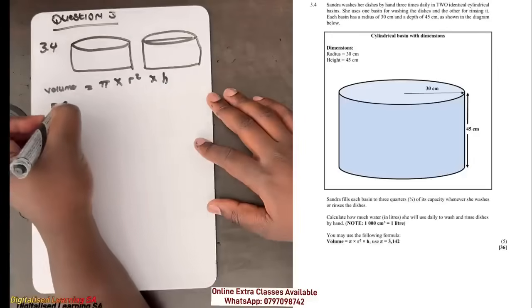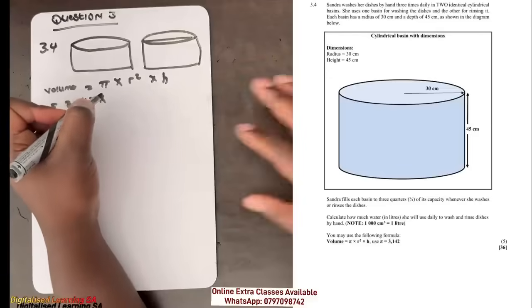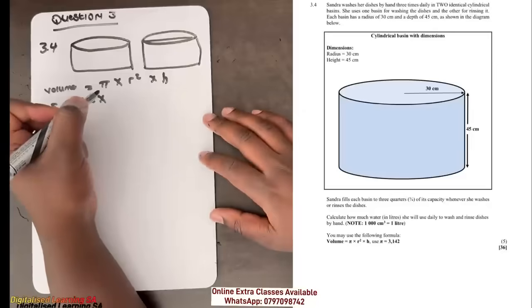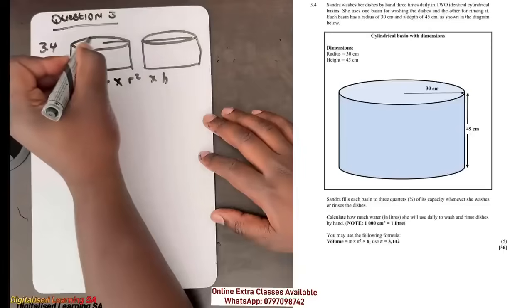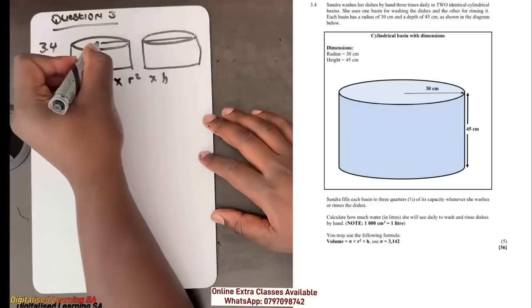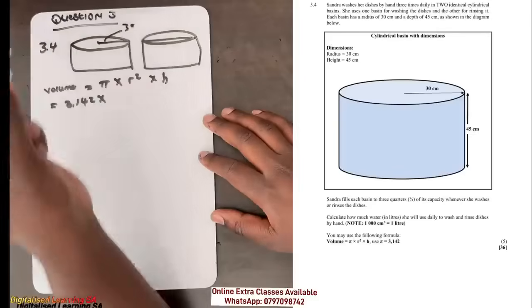So our pi is 3.142, and then our radius was given as 30 centimeters. So if you look at the diagram, you can see that our radius is from the center to the edge, and it was given as 30. So that's our radius.